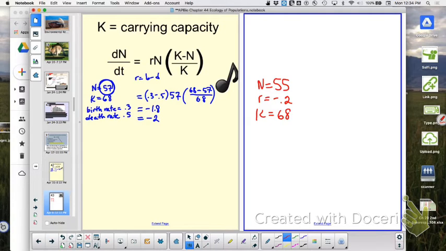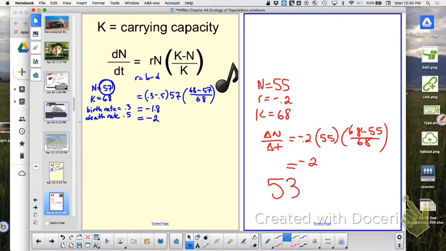So now I'm going to do my change in population over time is equal to negative 0.2 times 55 times 68 minus 55 over 68. And what did you get? Negative 2.1, which would be just negative 2. So now our population the next year would be what? 53. See how we did that? Okay, good job.